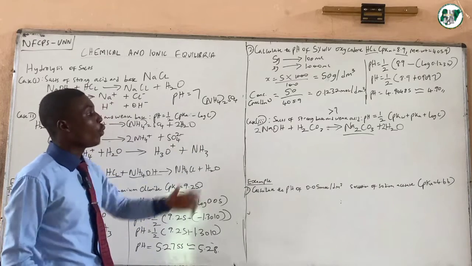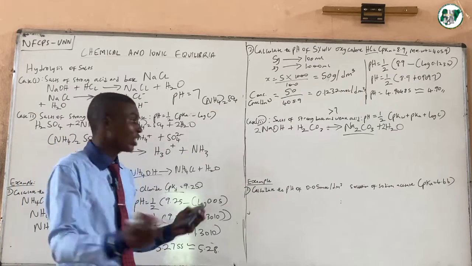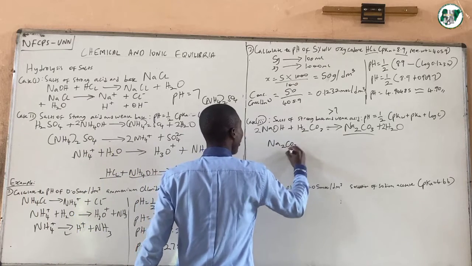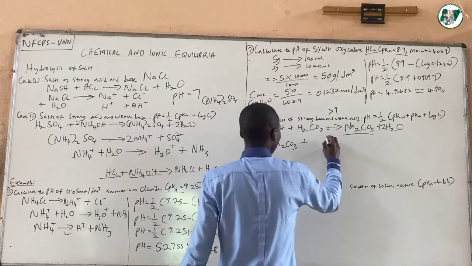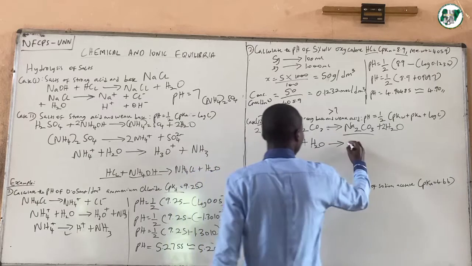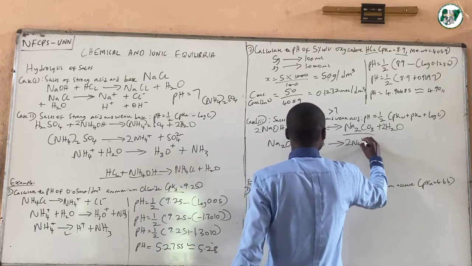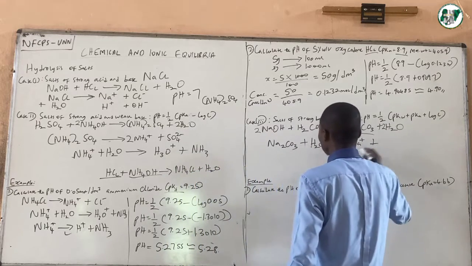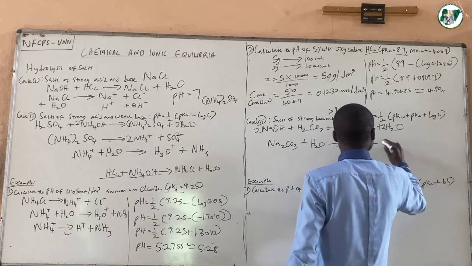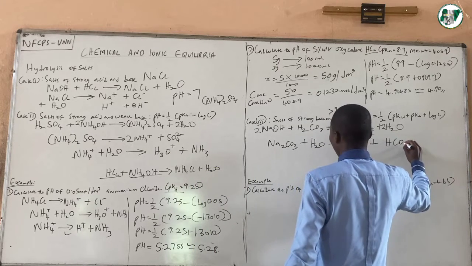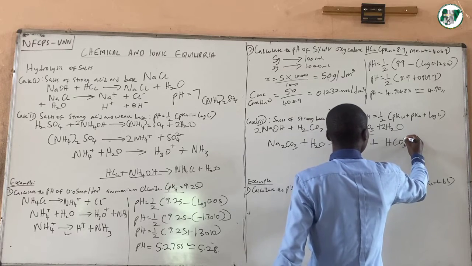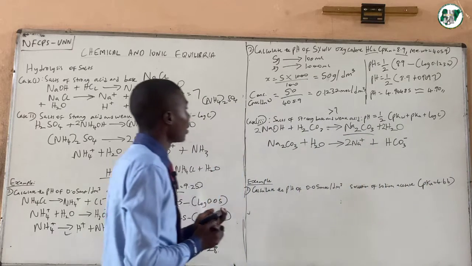When you work on the dissociation, you have Na2CO3 in addition to water, and it's going to give us 2Na plus and HCO3 minus. Okay, let's check that out.